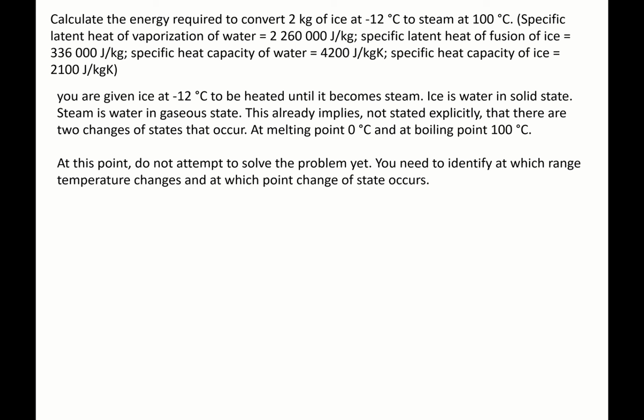What you have been given is ice at minus 12 degrees Celsius. So basically, ice is actually water in a solid state, and steam is actually water in a gaseous state. So that means before you even attempt to solve the problem, the implied meaning here is that ice has to melt first and then the water has to boil.